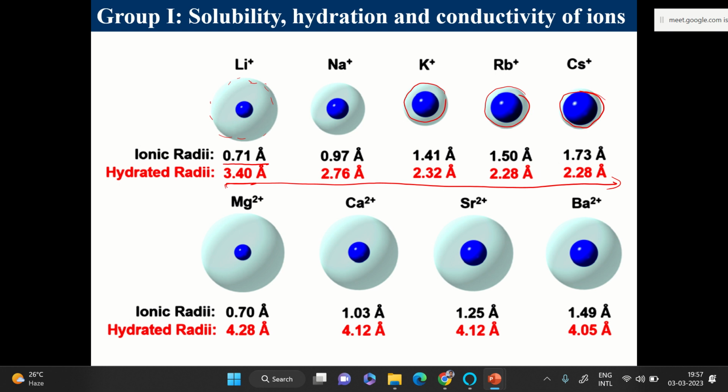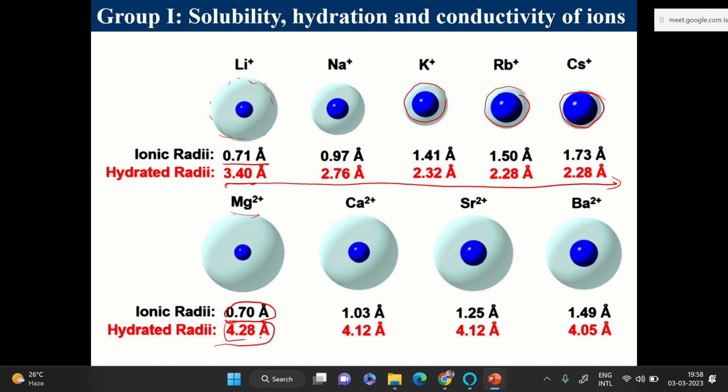Similarly, when you think of the second group, magnesium, calcium, strontium, barium, again the trend is similar. You can see 0.7 ionic radius for magnesium 2 plus, which on hydration has 2 units of charge, double that of lithium.